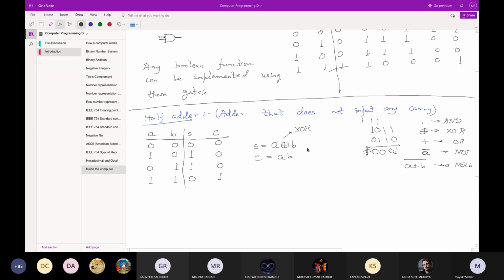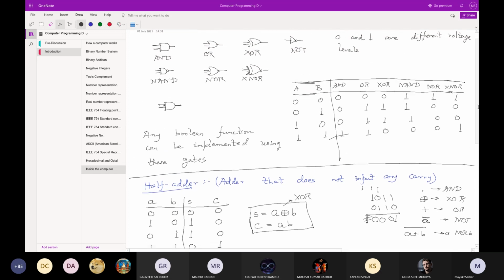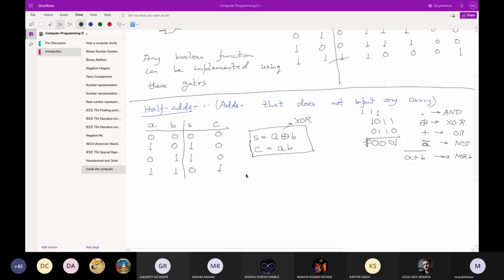Apart from these details, this is the equation that you are getting directly from the truth table. So we can now draw the circuit. We can design the circuit where A and B will be the inputs. There will be an XOR between them that will give me the sum output.